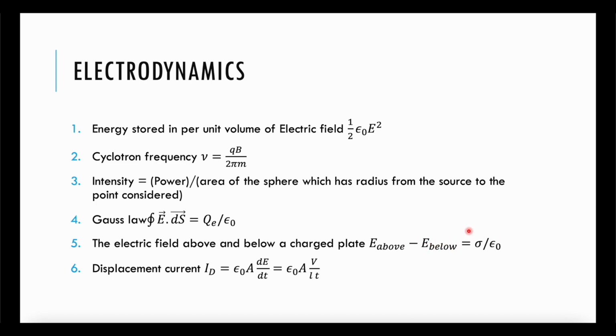You need to find out sigma. So only one problem. And displacement current is basically epsilon times the area times dE/dt, which is epsilon times area times, with E being V by L, and t. So you will be given a capacitor and the area of the capacitor will be given. Okay, and you need to find out dE/dt.